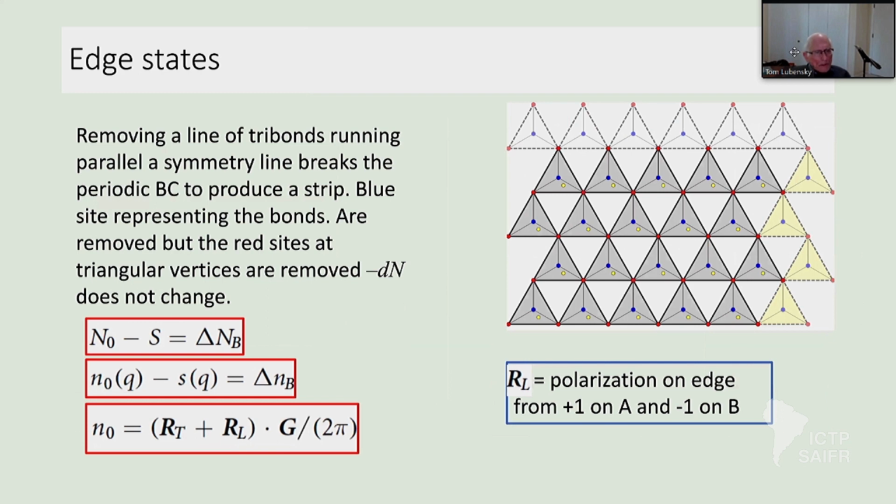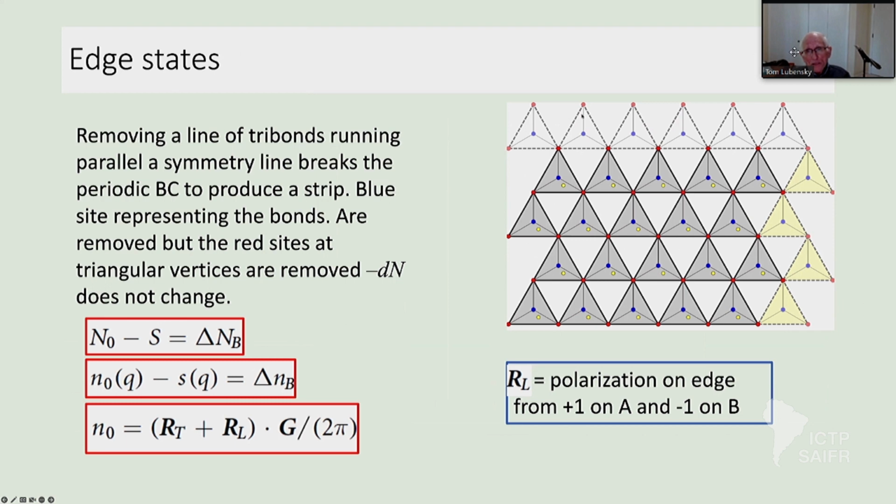Okay, now edge states. So what do we do for the other lattices? We cut bonds along the side here, and we found that for the Kagome lattice, for example, we had to cut 2 bonds. The bonds were straight lines to open up the torus coming from the periodic boundary conditions.